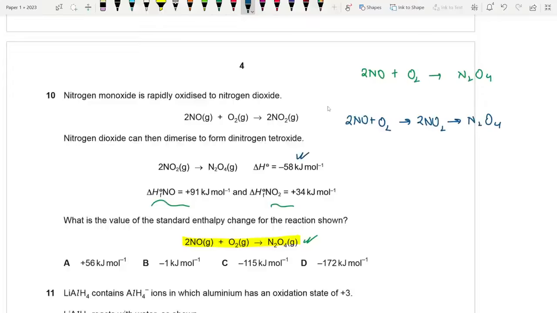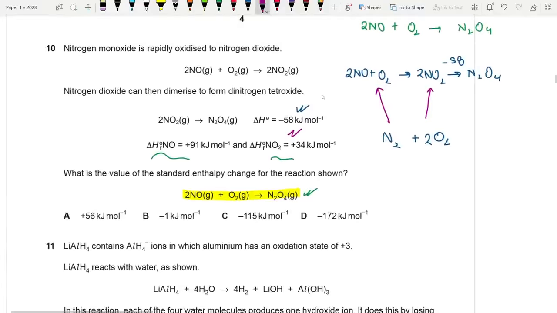This has an enthalpy change of minus 58. Our starting reagents are nitrogen and oxygen. We need 2 molecules of that. Now, this is a bit of a different Hess cycle because there are multiple steps involved. I know this arrow, and I have the enthalpy of formation of NO2 as well.